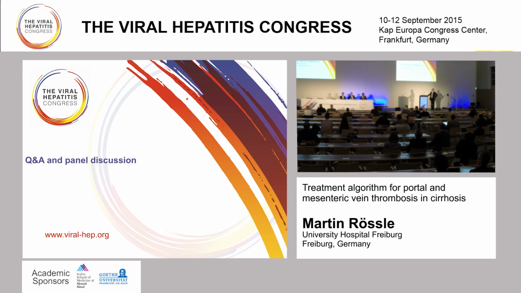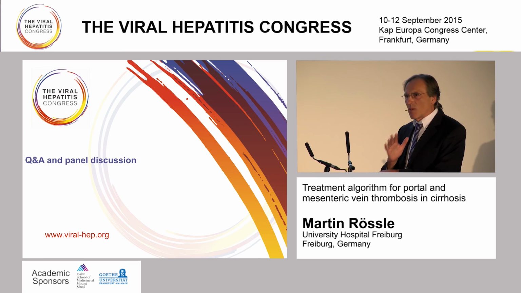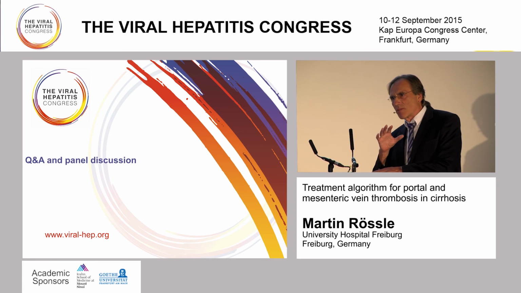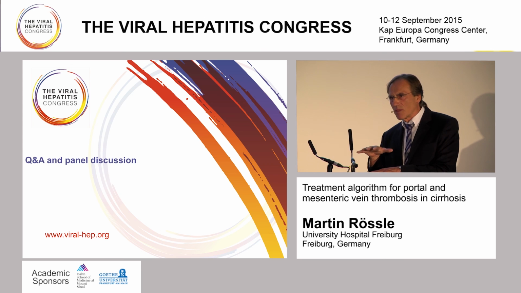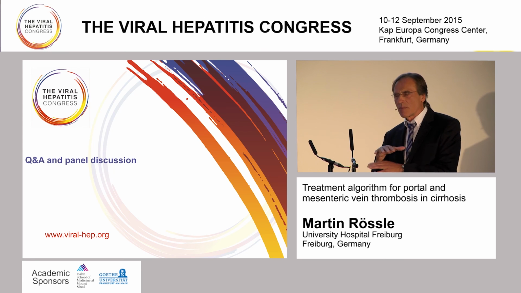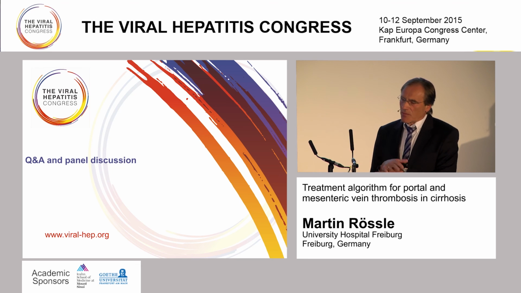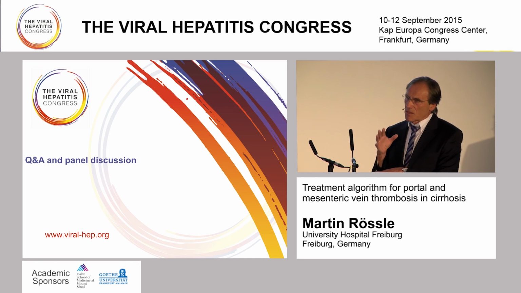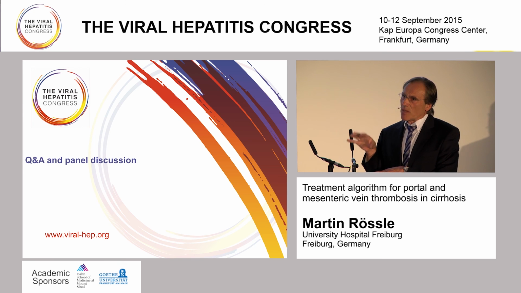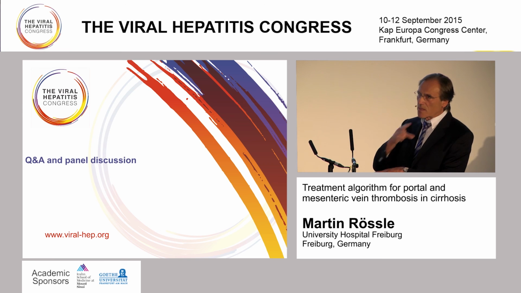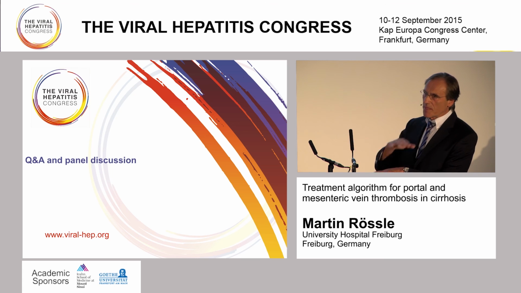Yeah, the first question, I think after beta blockade, the risk of portal vein thrombosis may increase. In any case, if you reduce the portal vein flow, you increase the risk of thrombosis, but it may not be well investigated. And if you, for example, perform a splenic artery embolization, which also reduces the blood flow from the splenic vein, you have a really considerable risk of portal vein thrombosis.